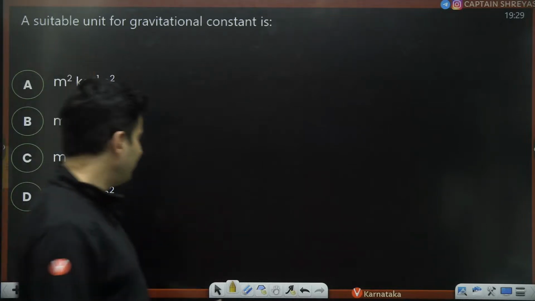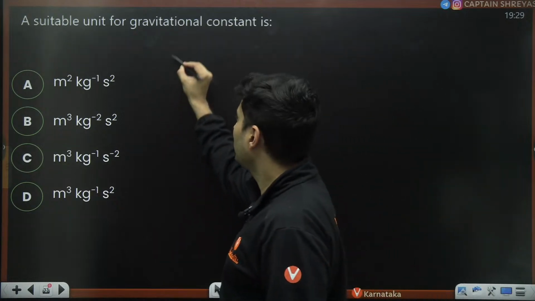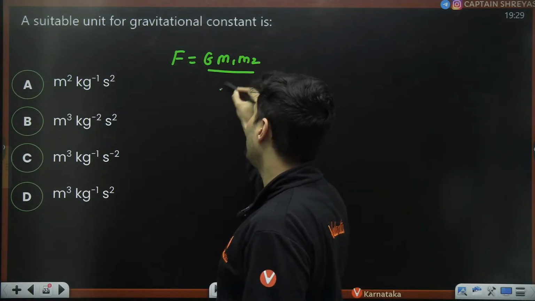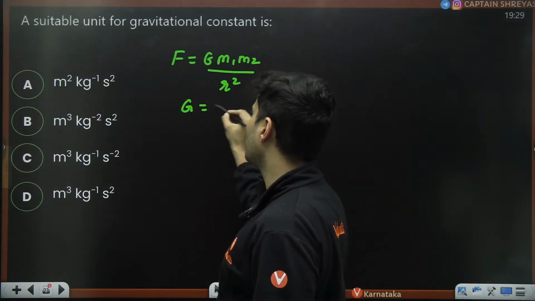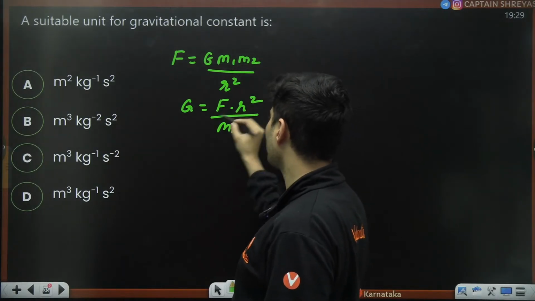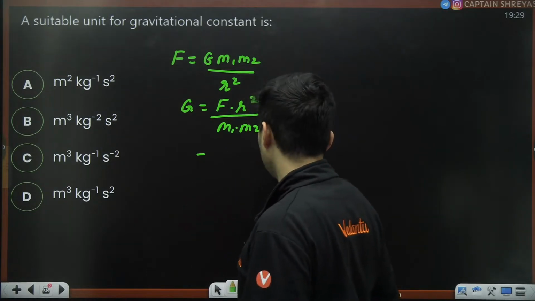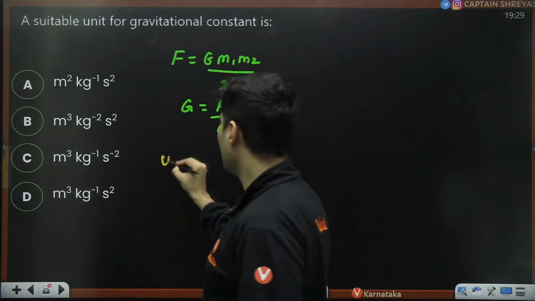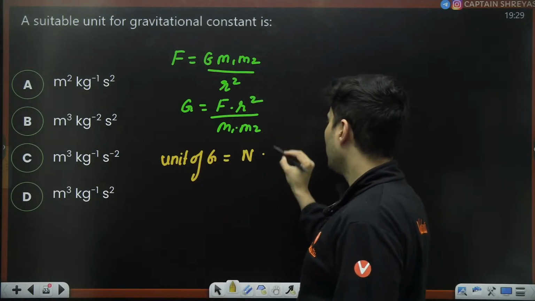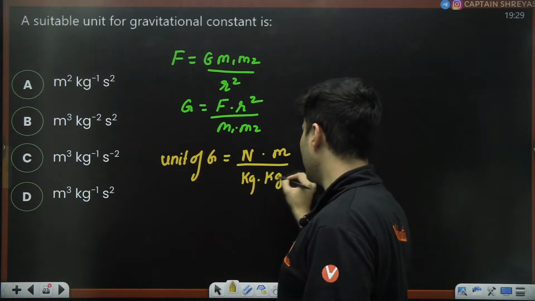What is the unit of gravitational constant? Well, gravitational force is G m1 m2 divided by r square. So gravitational constant is force into r square divided by mass 1 into mass 2. Now we are talking about units. So the unit of G will be the unit of force, which is Newton, r, which is in meter, and mass, which is in kg, and this is also kg.